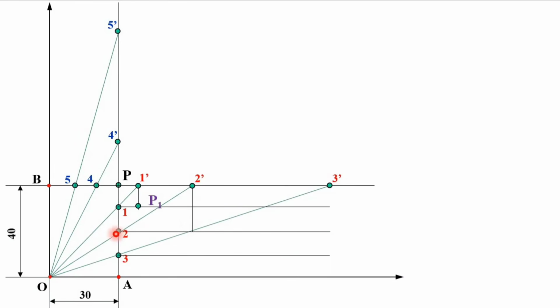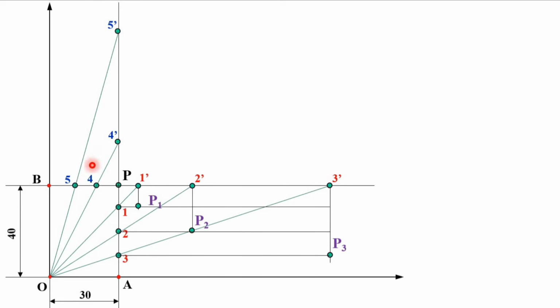Similarly, mark P2, the intersection of the two lines passing through 2 and 2 dash. Similarly, you can imagine the P3 point. Can you imagine, my dear friend, where the P3 point should be? Yes, definitely it is the intersection of the horizontal line passing through 3 and the vertical line passing through 3 dash.